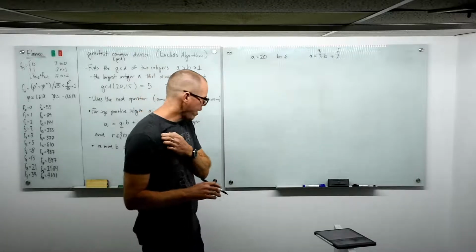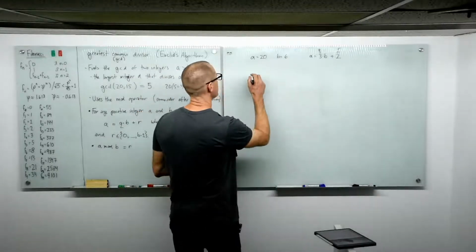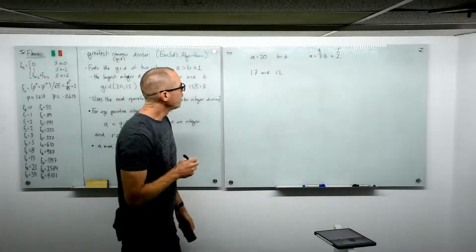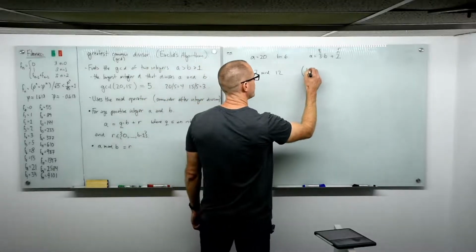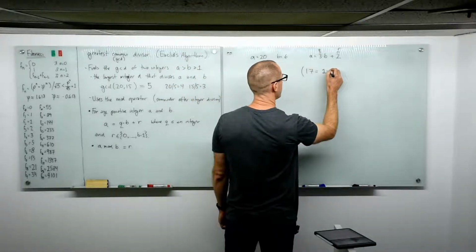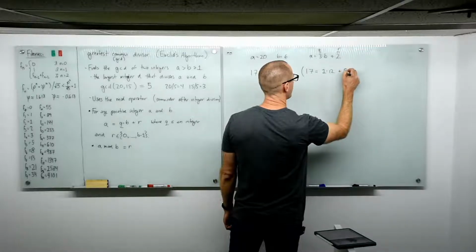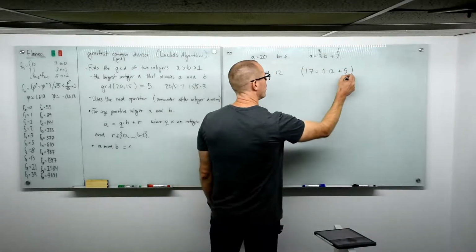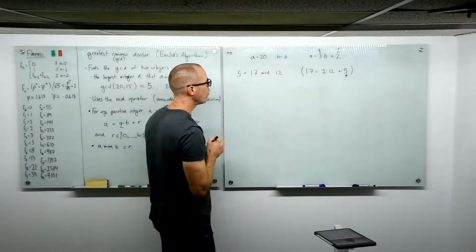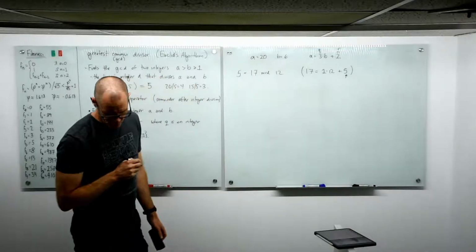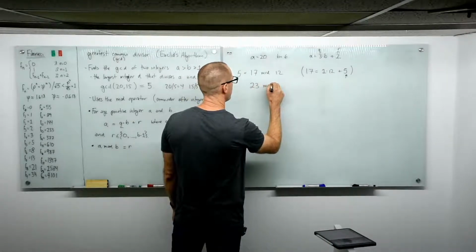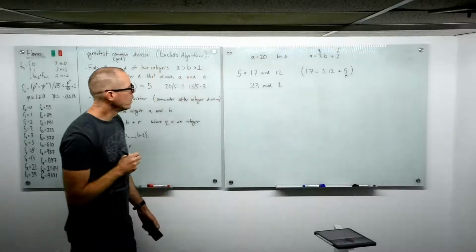So let's take a look at a couple more examples. 17 mod 12, for example. That I can write as 17 is equal to 1 times 12 plus 5. So there's the mod. So that's equal to 5. Another example, here's 23 mod 1. So mod 1 is important.